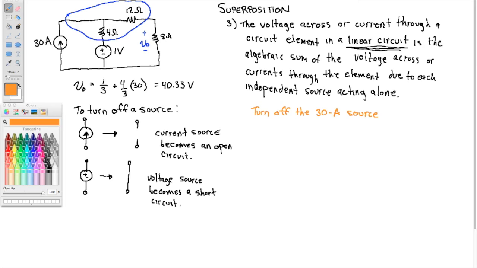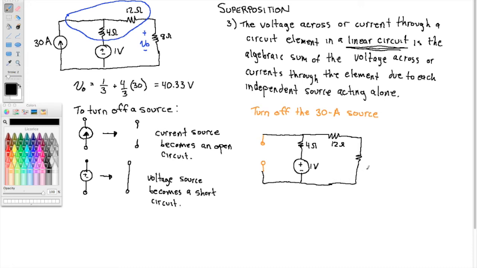Okay, so I'm going to have an open circuit over here because I want 0 current to be flowing. So I've got the 4 ohms, I've got the 1 volt source, 12 ohms, 8 ohms.